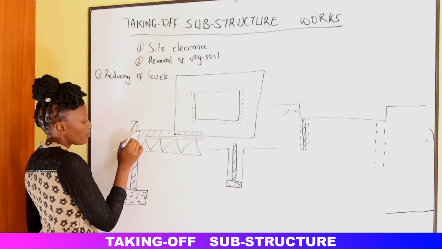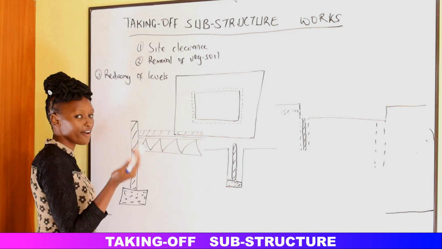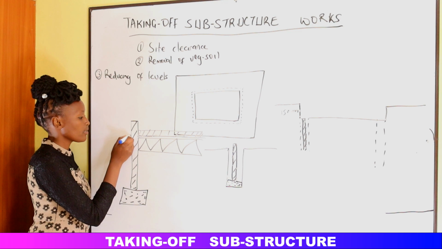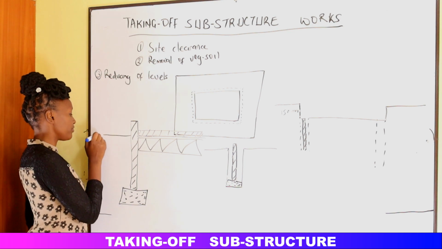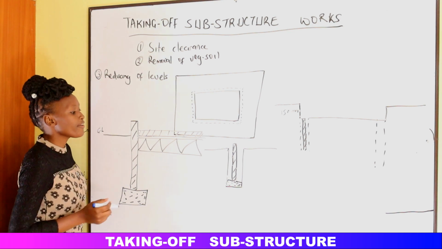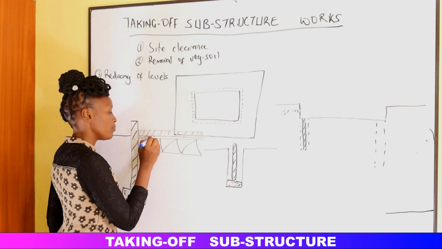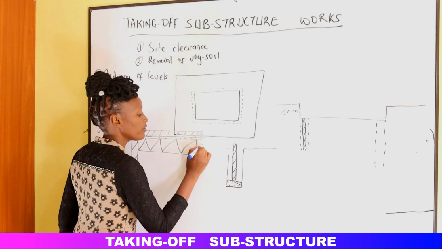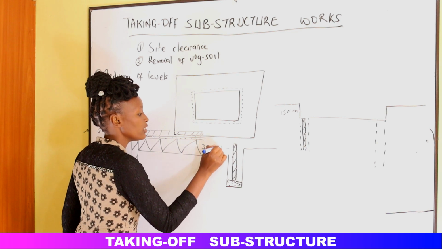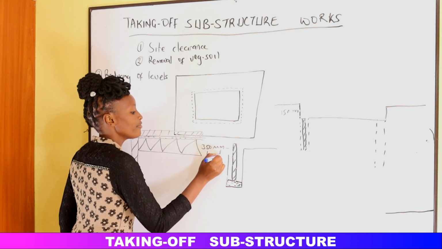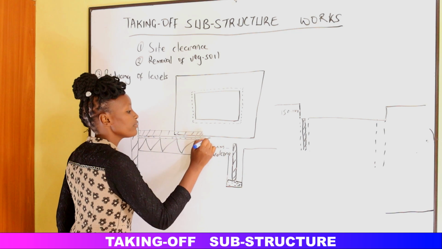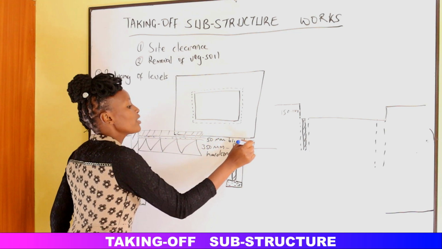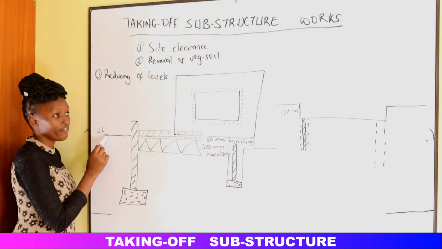The concrete is usually above the level of the ground. So maybe this was the ground level. Assuming the hardcore was 350 millimeters deep, and the blinding was 50 millimeters. So we had the normal ground level here.